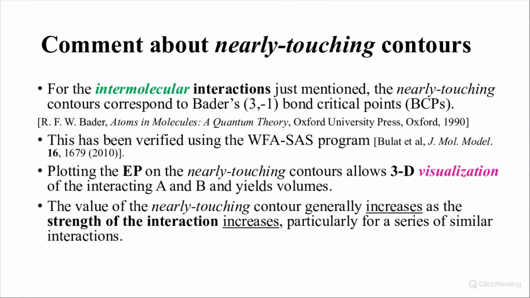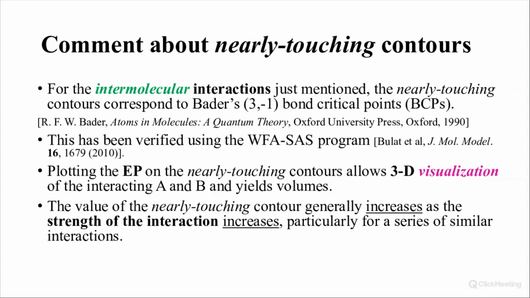discussing this also. And just to be very clear, for those 19 or 20 intermolecular interactions, the nearly touching contours correspond to Bader's (3,-1) bond critical points, but you have a different way of visualizing them.